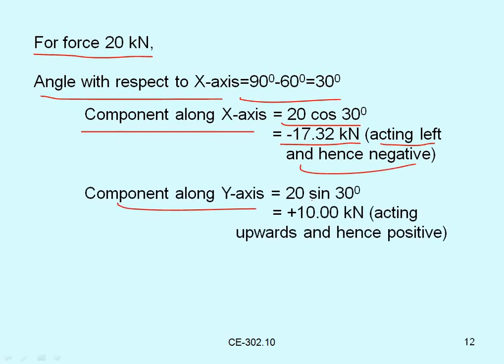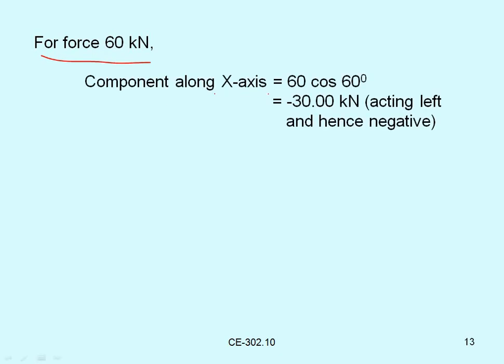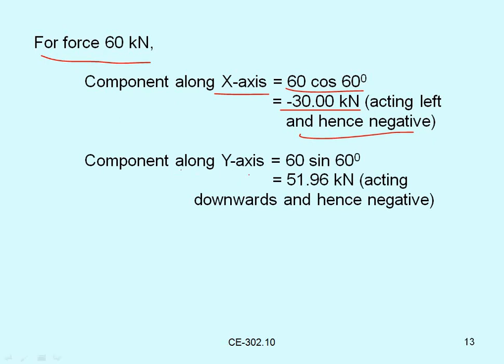Along the y-axis, 20 sin 30 degrees is plus 10 kilonewtons, hence positive. For 60 kilonewtons, along the x-axis 60 cos 60 degrees is equal to minus 30 kilonewtons, hence negative. Along the y-axis, 60 sin 60 degrees is 51.96 kilonewtons, hence negative.